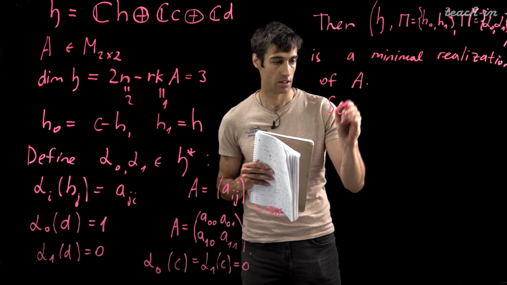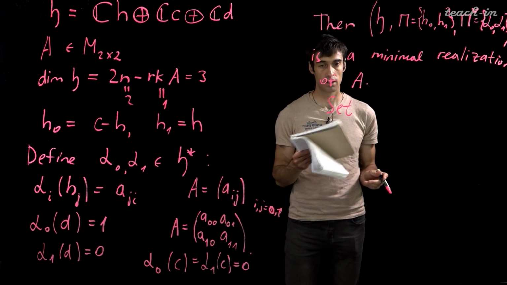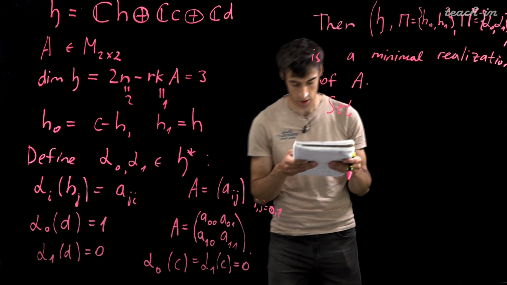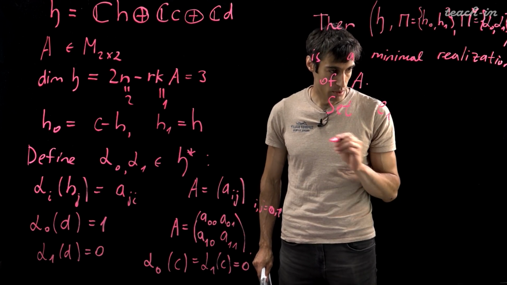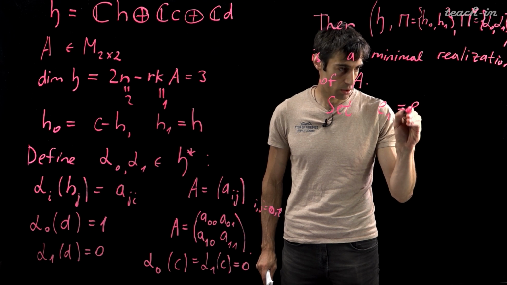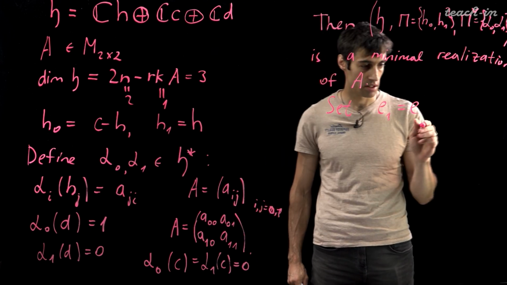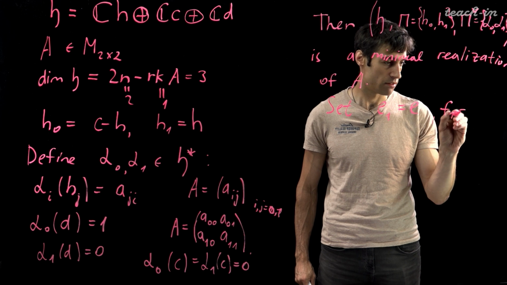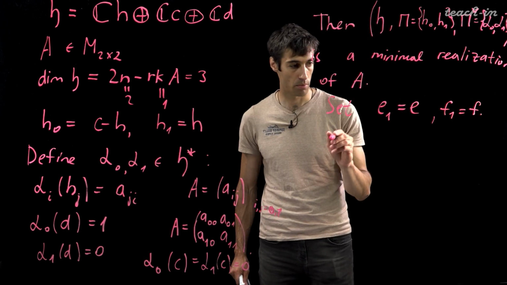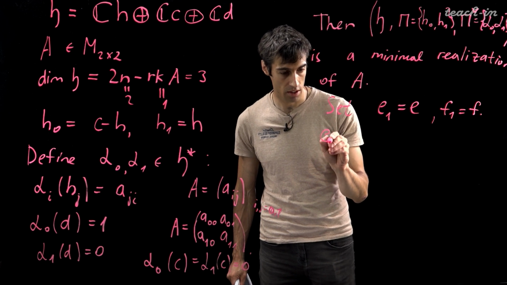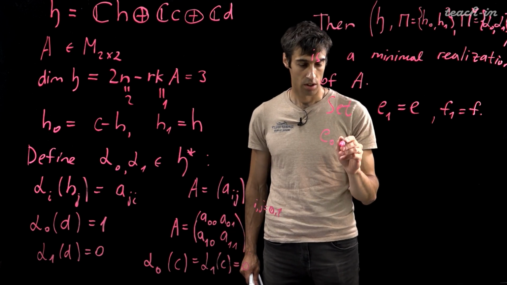So set the following notation. As I said, what is labeled with 1 will correspond to just usual SL2. So E1 is E and F1 is F. But what about E0 and F0?